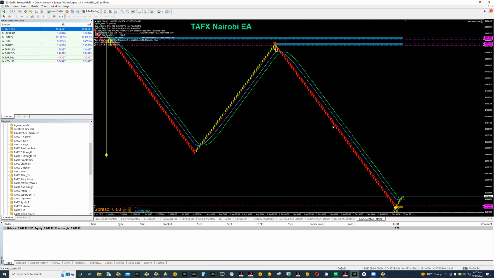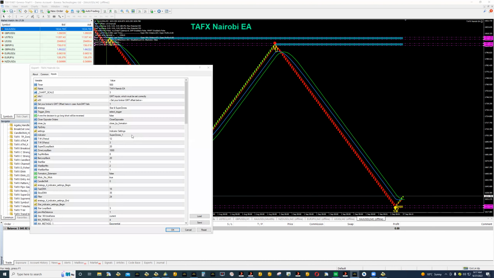Then check it in your live account. If one of the terminals working with the Superzone has an entry in Superzone but not in Agatha, then you can jump to your live account and change from Agatha to Superzone or Superzone to Agatha. All right, guys, you can change.